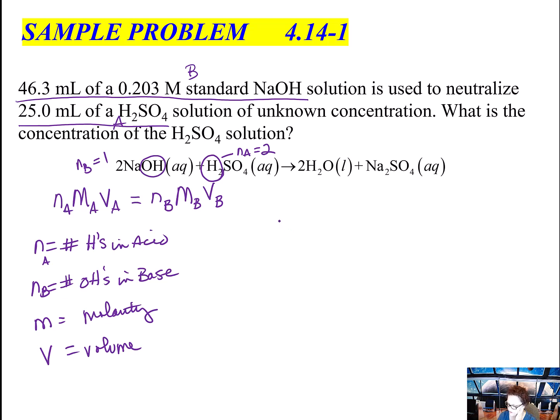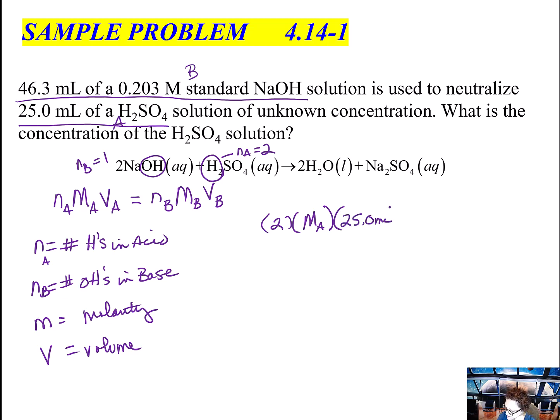So 2 times the molarity of the acid, which I don't know, M of the acid, times the volume. I can use milliliters as long as I use milliliters for both. So milliliters of the acid was 25, and don't get them mixed up.